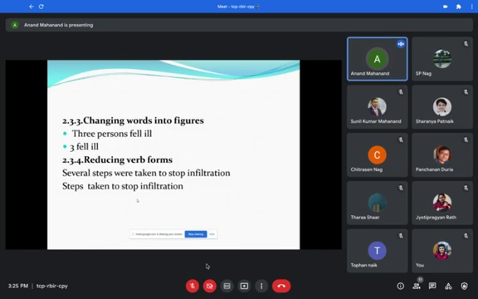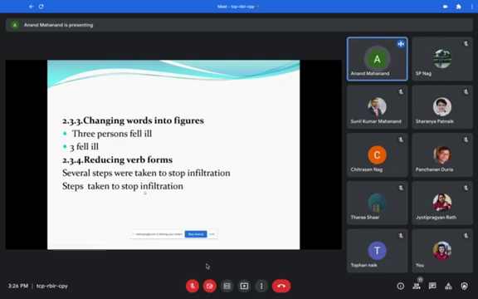You suppress certain words. Three persons fell ill, for example, you would write in numerical form: 3 fell ill. Then reducing the verb form. You can suppress the verb form. For example, several steps were taken to stop infiltration. Steps taken to stop infiltration. You need not write everything.